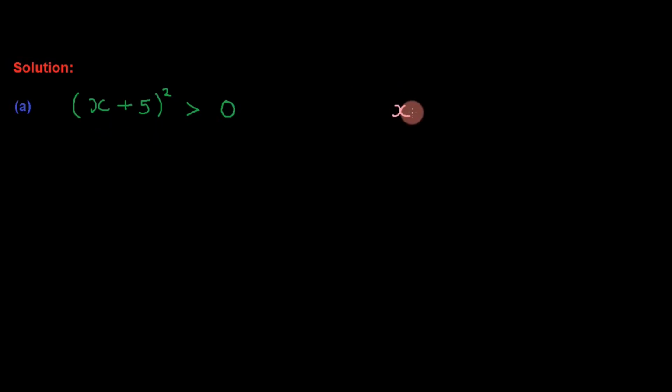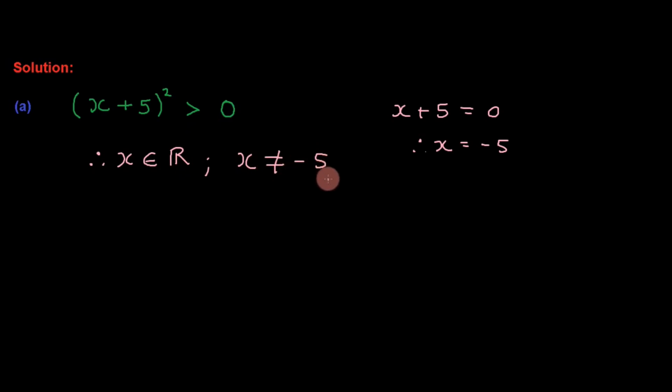We know that x plus 5 equals 0 when x is equal to negative 5. So when x is negative 5, the left-hand side is equal to 0 and not strictly greater than 0. So in this case, our answer is x is an element of real numbers, but x cannot equal negative 5.